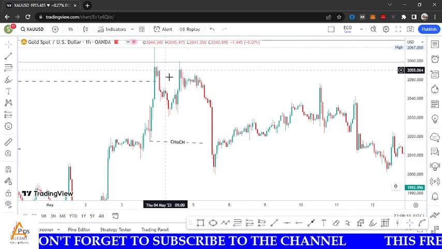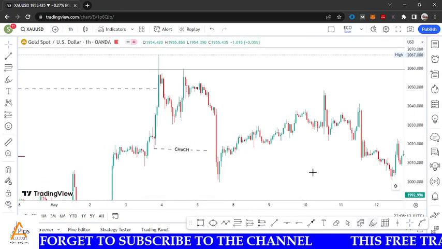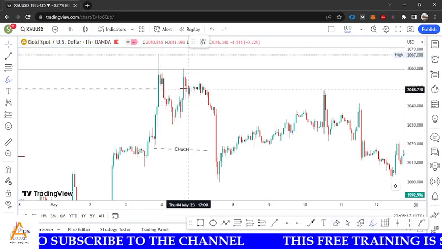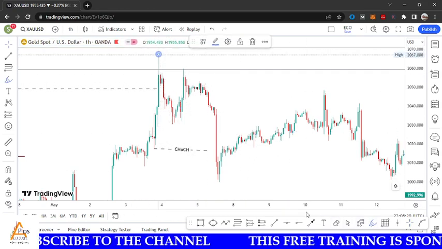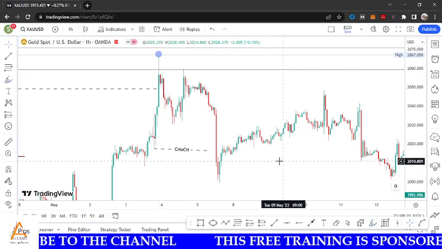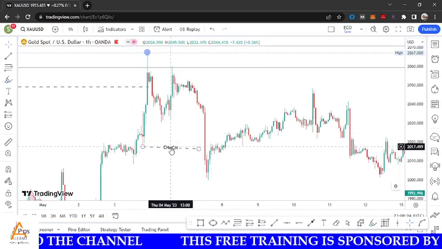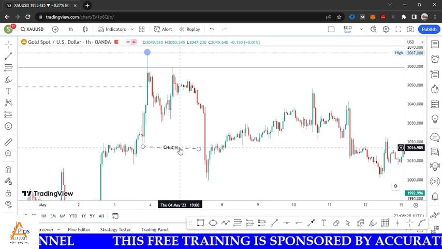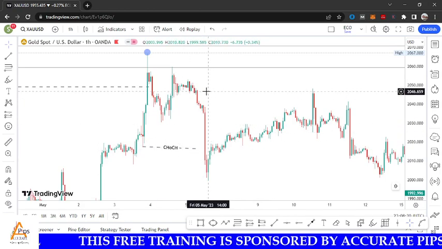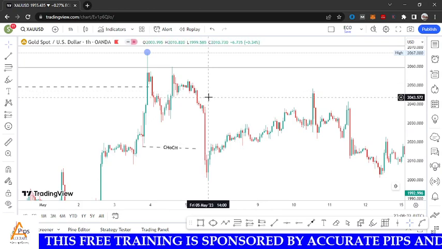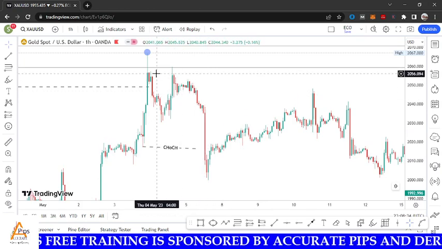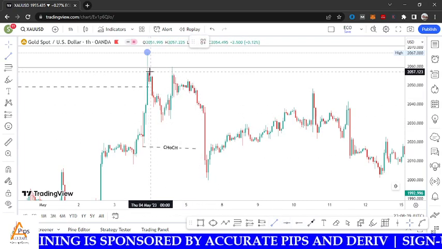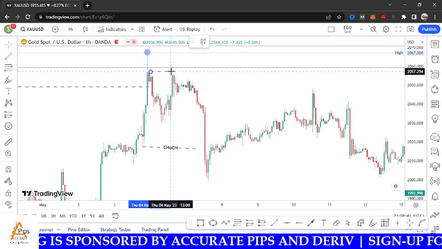Now it means that our high has been confirmed over here. So this area is confirmed as our new high. Since we have a change of character here, we are looking to go bearish. And per my analysis, this area, this week here has taken liquidity.